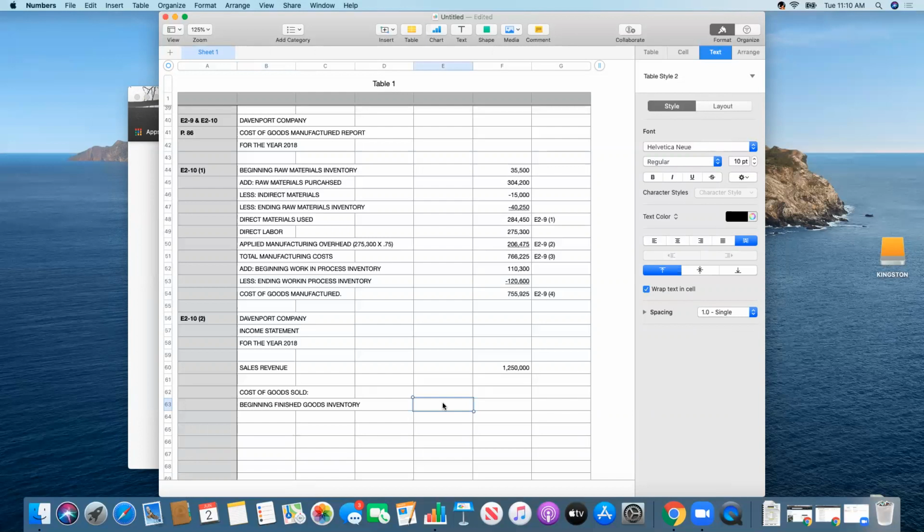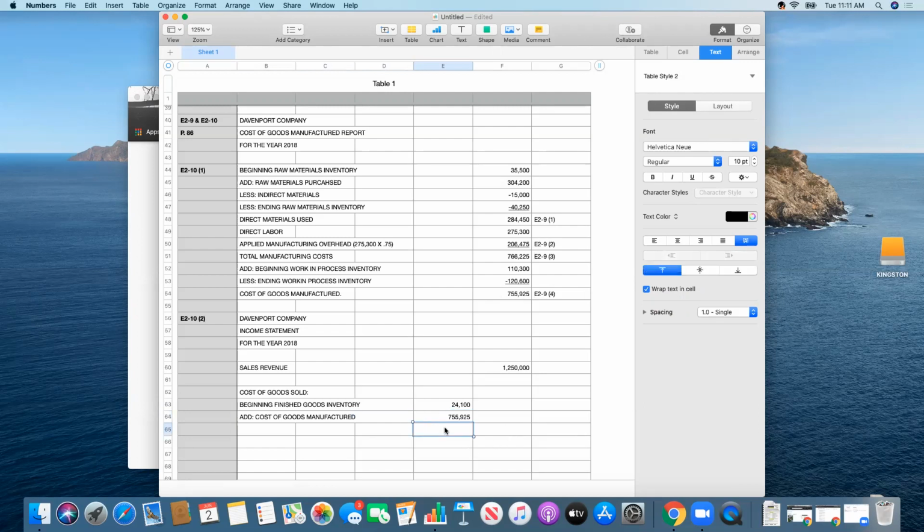Beginning finished goods inventory 24,100. Add cost of goods manufactured. Cost of goods manufactured, we just figured out in part 1, 755,925.